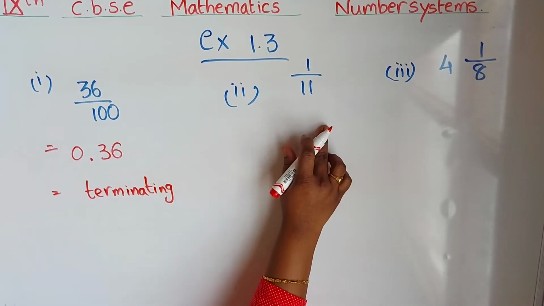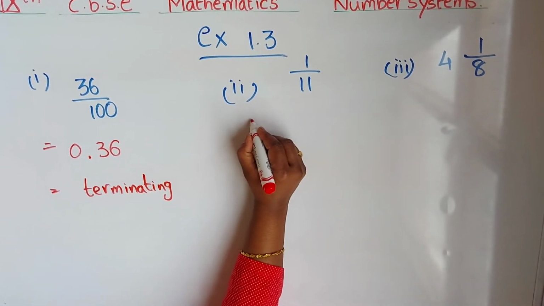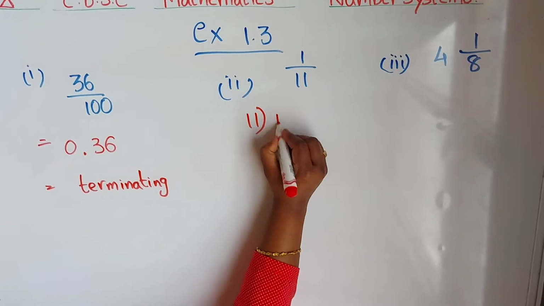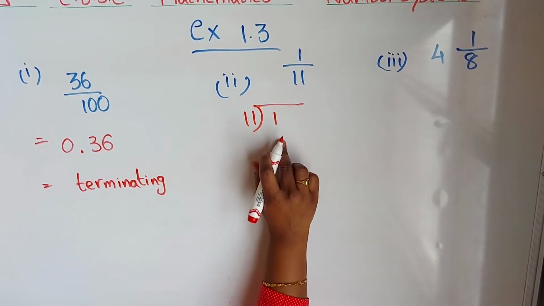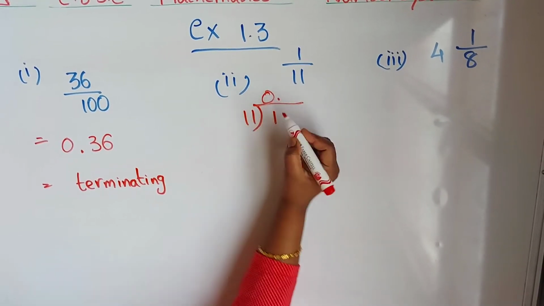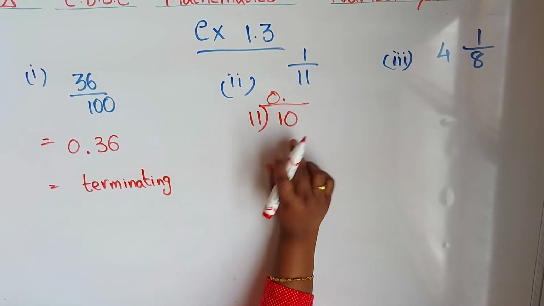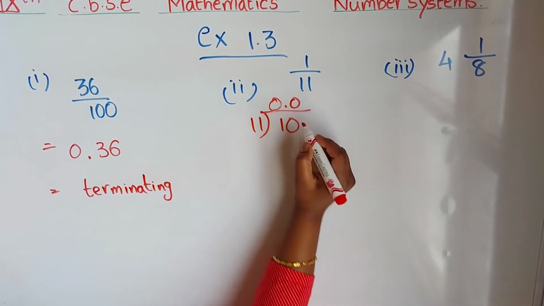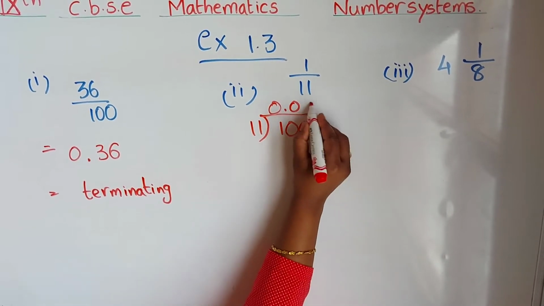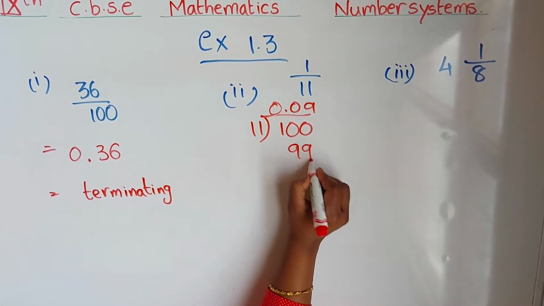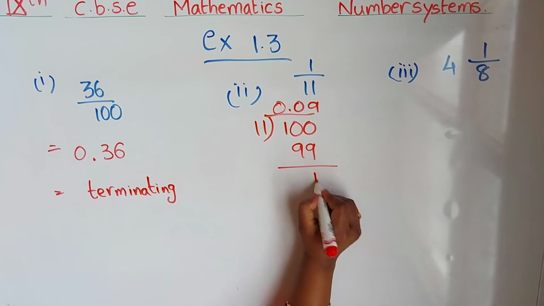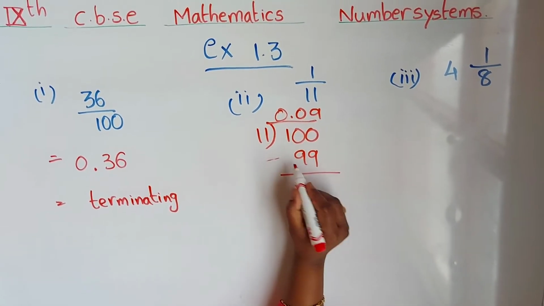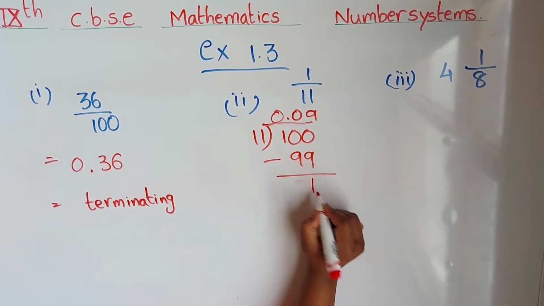Second question, 1 by 11, children. Start dividing by 11. Here there is 1 only, so I am taking 0 point 0. Now 10. We cannot divide 10 by 11. So again 0, it is 100 now. Now 11 nines are 99. After subtraction, I got remainder 1.